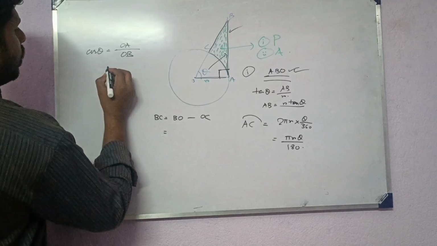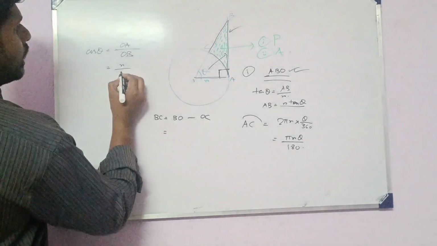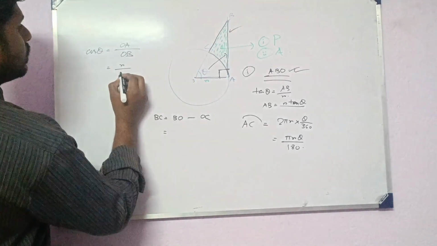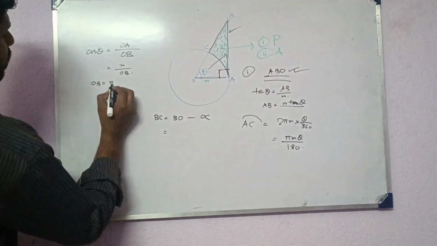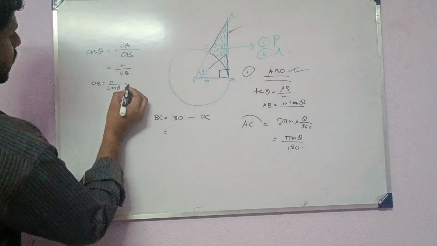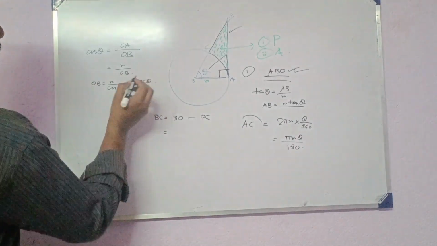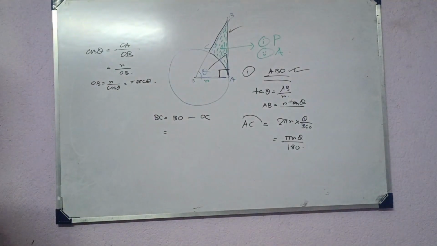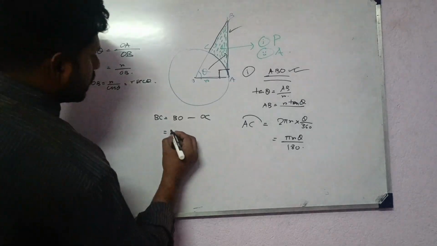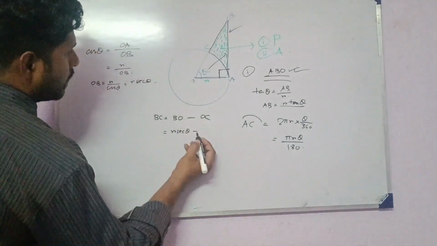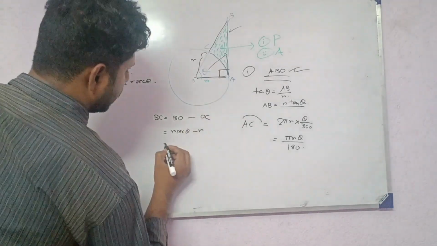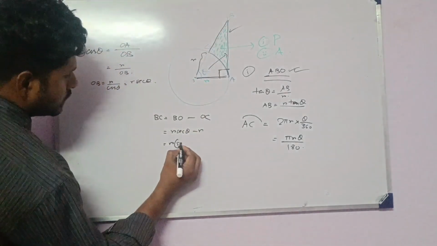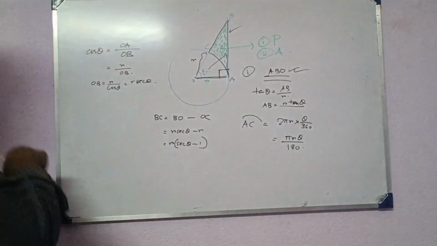OA equals R and OB we have to find. So OB equals R by cos theta, that is R sec theta. So OB is R sec theta. So BC is R sec theta minus OC, which is obviously R. So BC is R into sec theta minus 1.